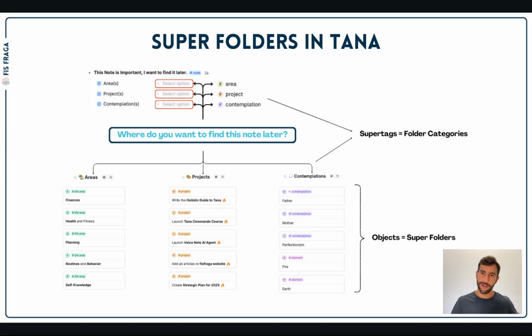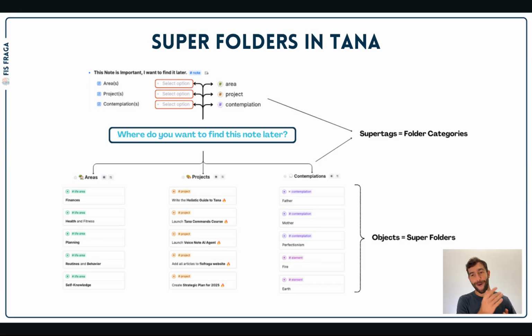Now, for each of these categories, as you can see, you can have several different folders. These folders are nodes with a super tag. If we take a look at the areas, you will see finances, health and fitness, planning, routines and behavior, self-knowledge. These are all areas in life, and they are objects, because each of them represents an area.